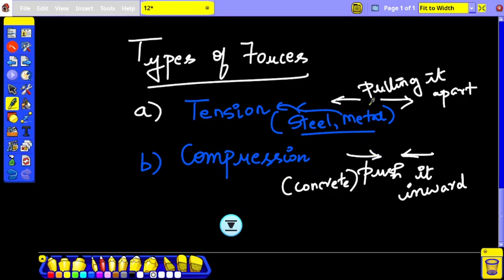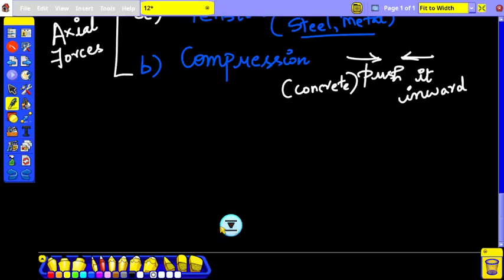This is how you denote tension: pulling it apart, pushing it inward, that's compression. These 2 forces are otherwise called axial forces, which we will deal with. Just note it down for the time being. Let's understand how it all works, and then we'll move on to what axial forces are all about.